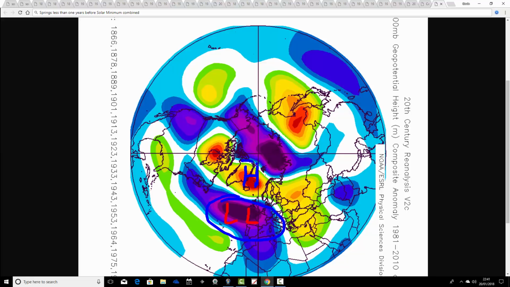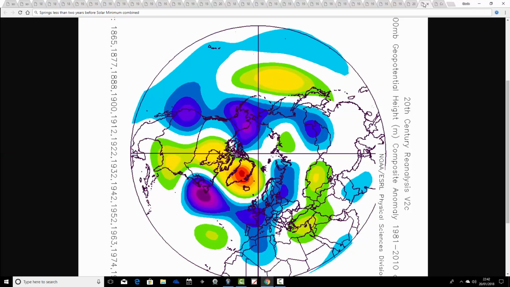Whilst there is more of a blocking signal in evidence, generally these are just very, very wet springs, and occasionally they might be cold, but overall they just look very, very unsettled. But it's these that we've got to focus on, because these are the ones that are more relevant for where we are right now.